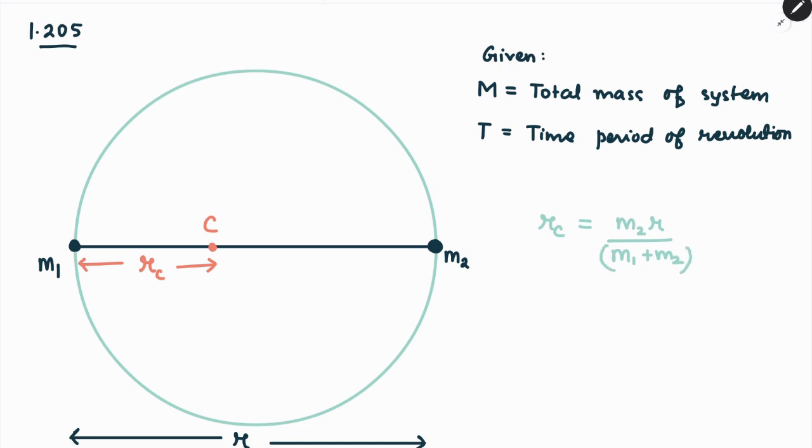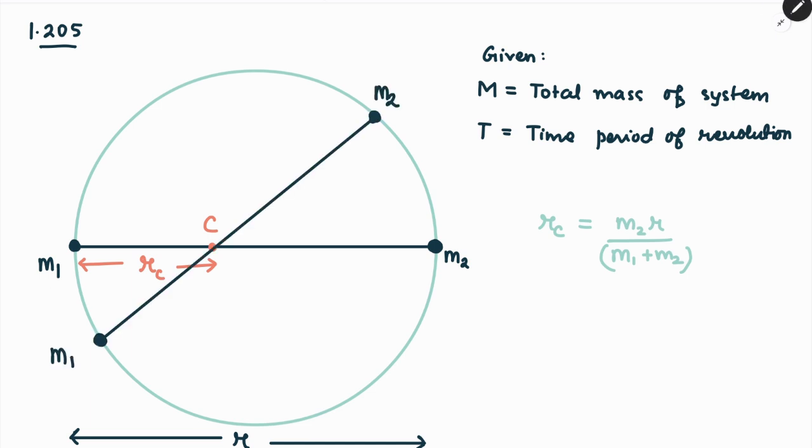Now the problem wants us to calculate R. So this is RC, about which M1 and M2 both are going around in this circular path. Over here I can say that after a certain time t, this system is going to look like this.